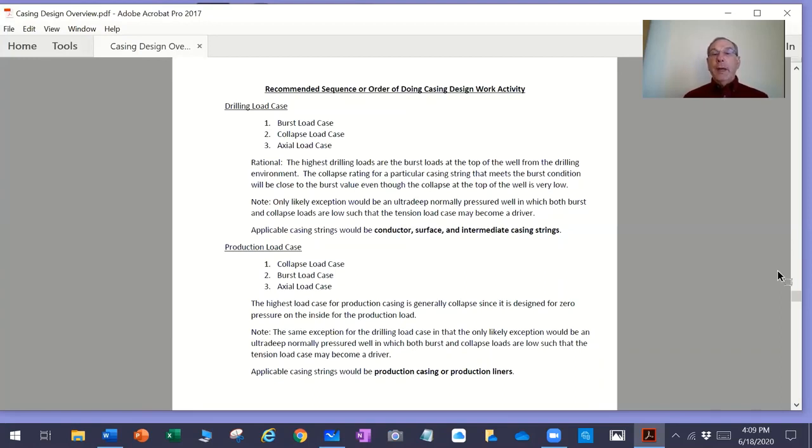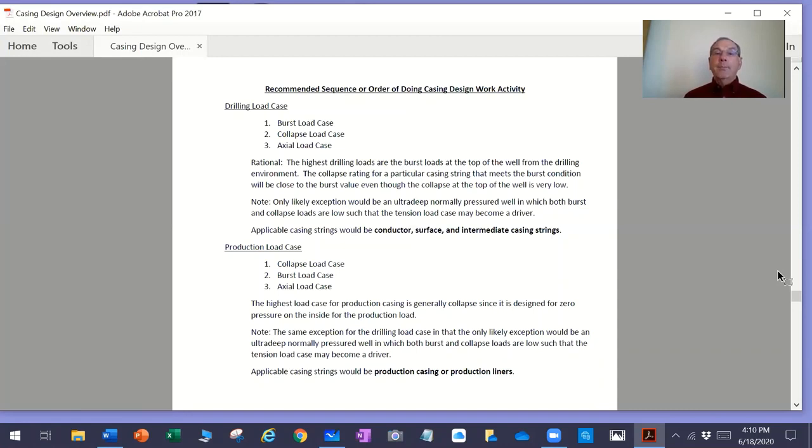The collapse rating for a particular casing string that meets the burst condition will be close to the burst value, even though the collapse at the top of the well is very low. In other words, you're going to have your highest burst load at the top of the well, but you almost have no collapse load at the top of the well.